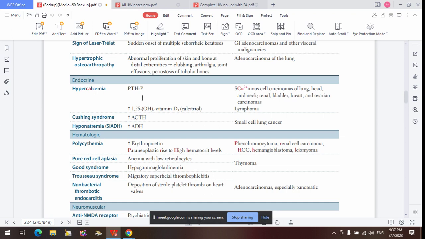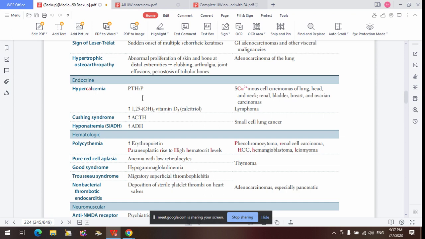And we know that vitamin D3 can go to the intestine and absorb calcium and phosphate. It can go to the kidney and do that. It can go to the bone and do that too. There will be hypercalcemia. So if there's hypercalcemia in someone that has lymphoma with lymphadenopathy everywhere, we are thinking of increased vitamin D3 production.